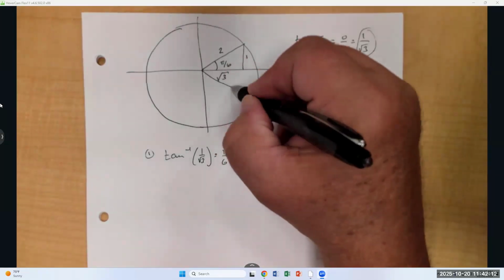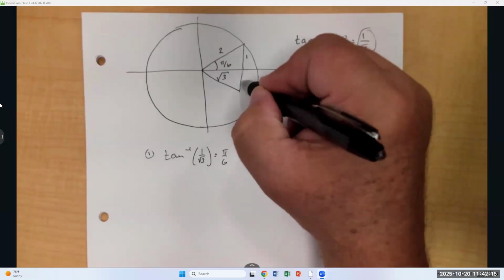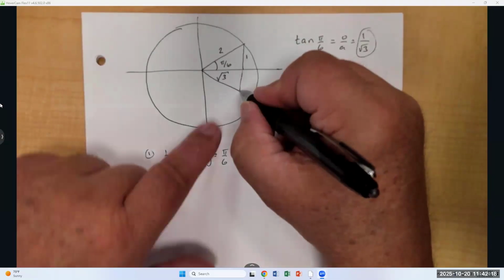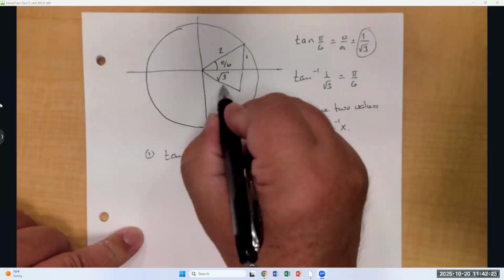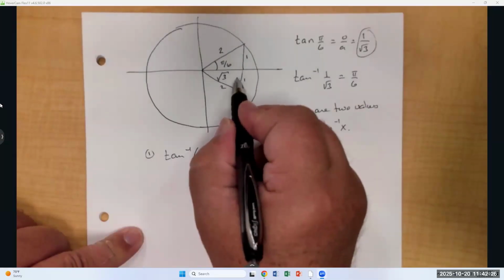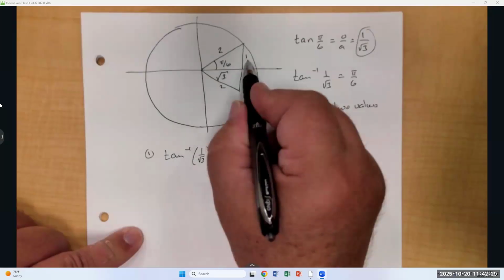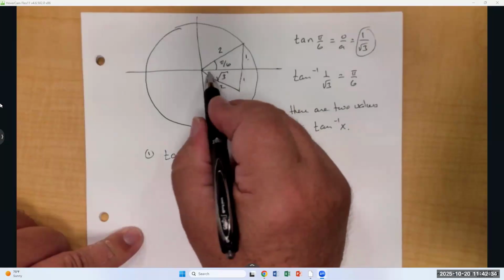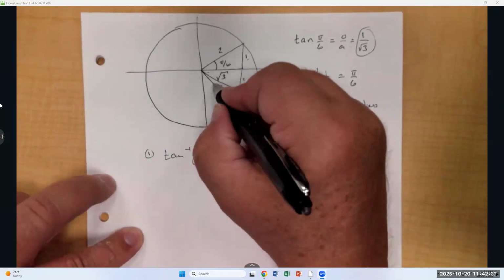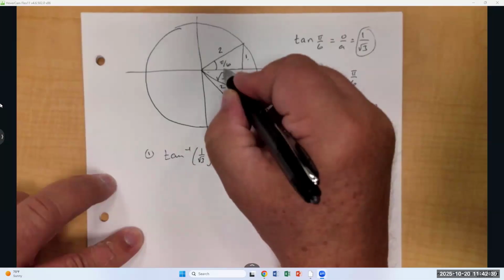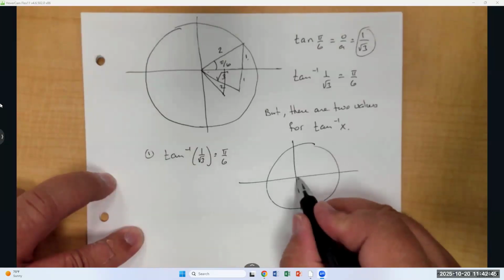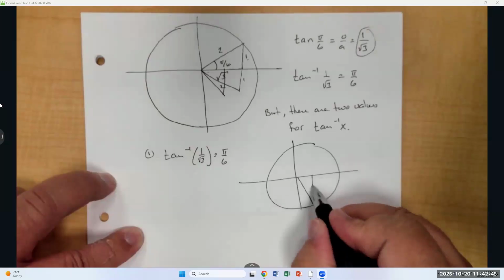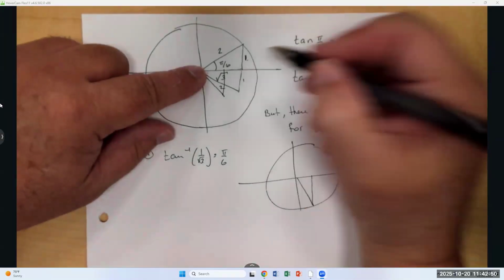So the other one, but remember, we're doing x and y. So now this is 2, this is 1. But now here, this is our x value. Now this is our y value, and that's our x value. For this other one, we have to switch it. So it was 1 here.